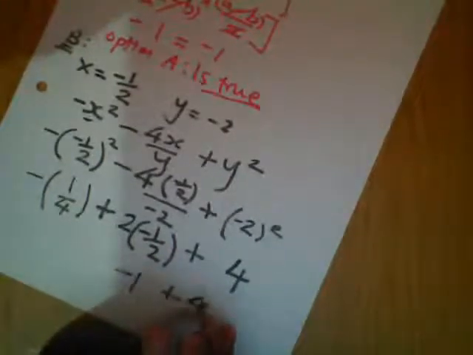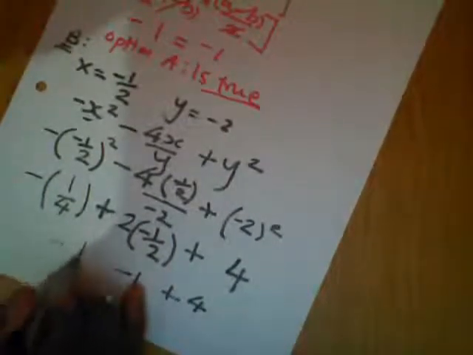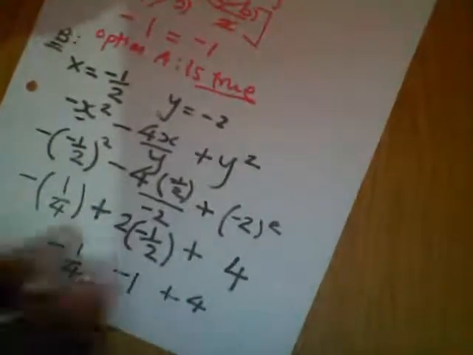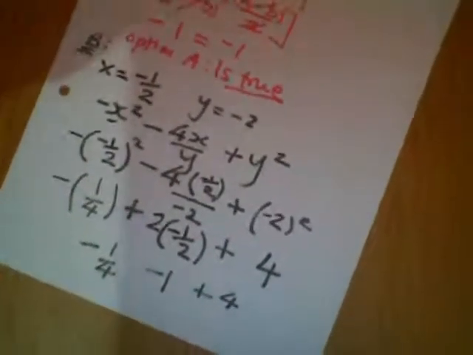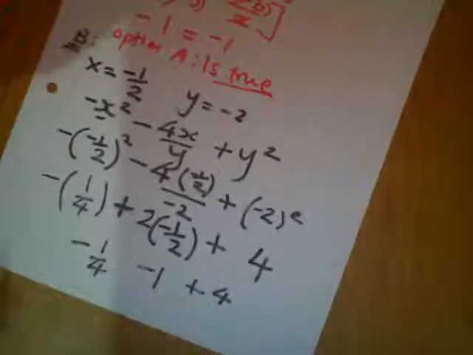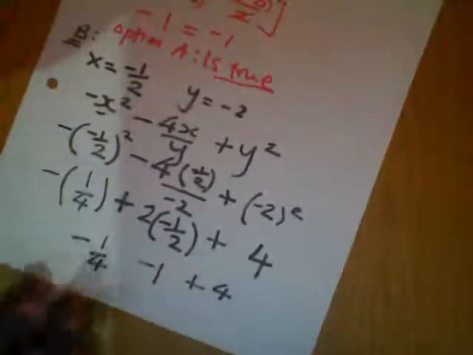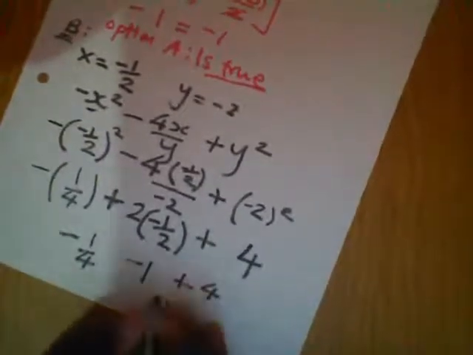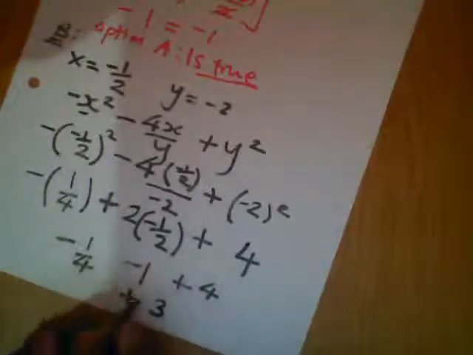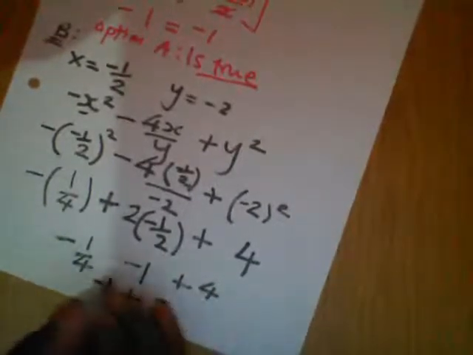Then 2 times negative 1 is negative 2, divided by 2 is negative 1. So negative 1 plus 4, and this is going to be negative 1 over 4. My marker pen is dying here, it's fading away.